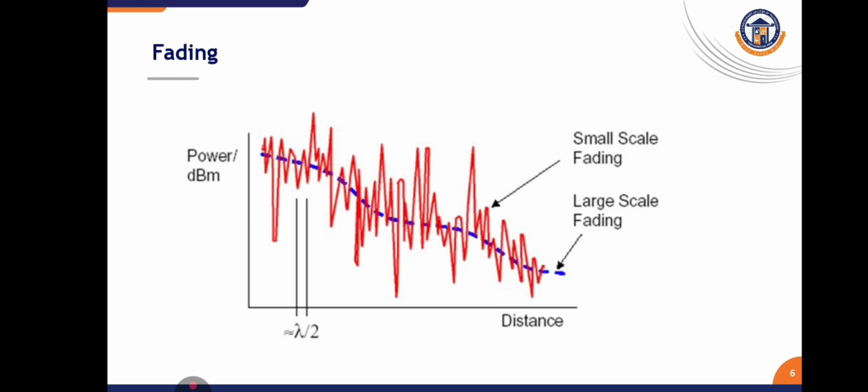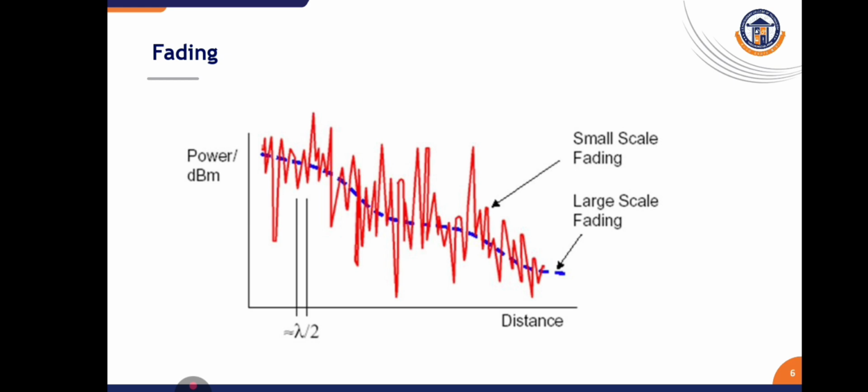And the power variation occurs over large distances. There are two models used for large scale fading: the long distance path loss model and the log normal shadowing model.